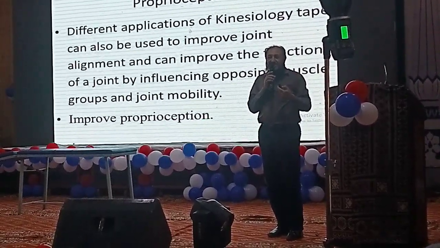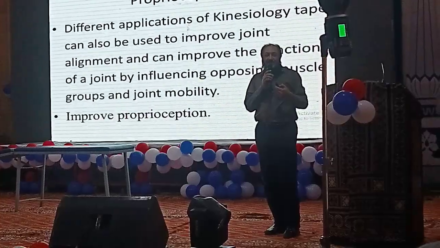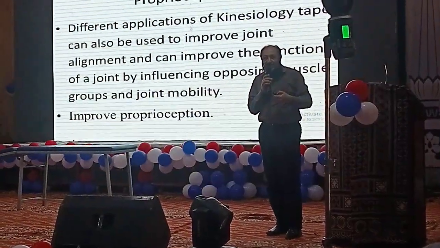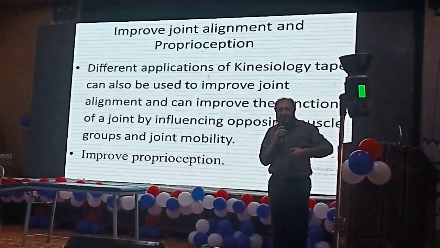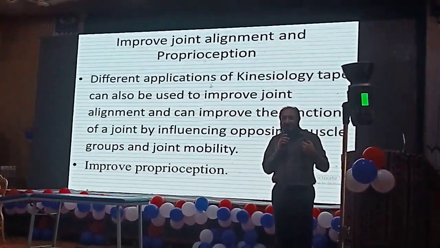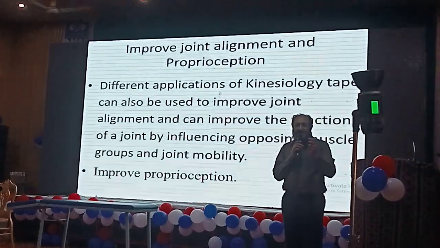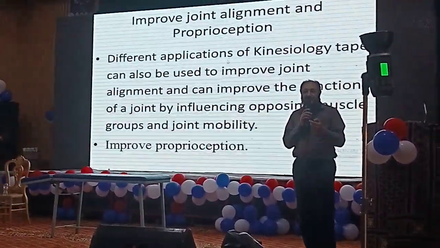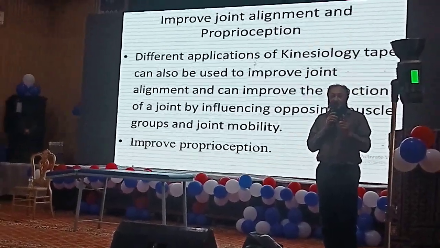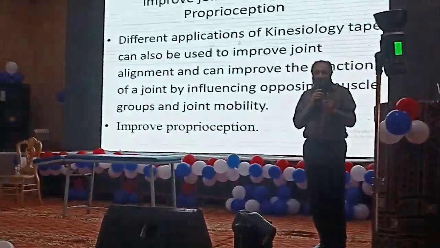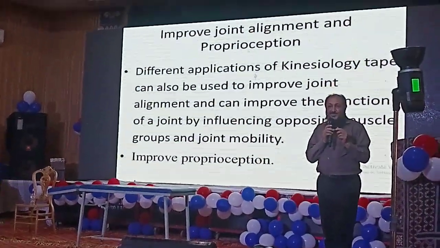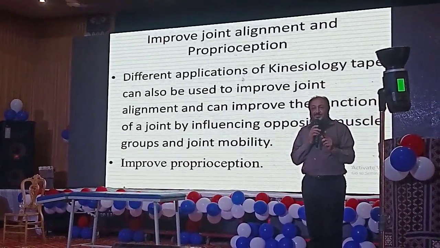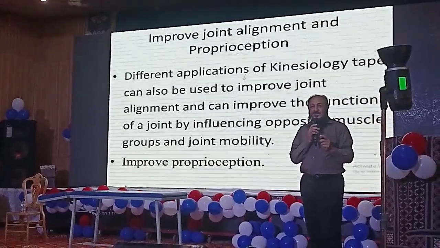After injury or poor posture or any problem to your musculoskeletal system, you have poor positioning, your joints will be slightly misaligned, and that will cause poor proprioception. So the tape will also correct the proprioceptive input. If you have the right proprioceptive input, then the movement is always going to be meaningful, right?